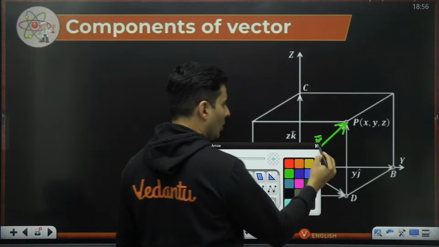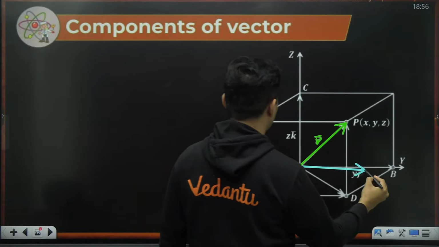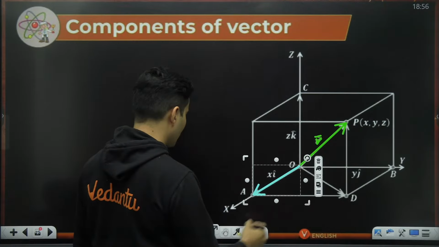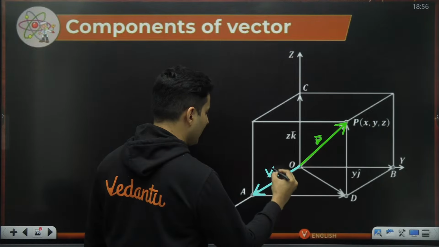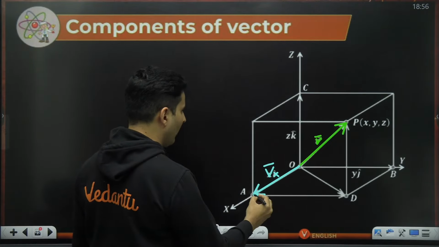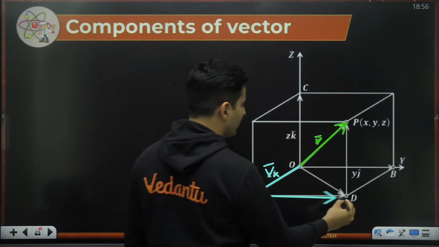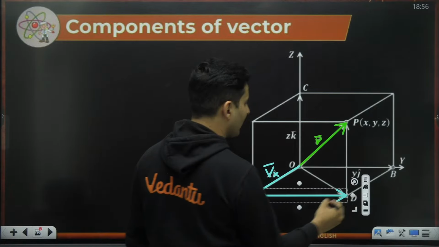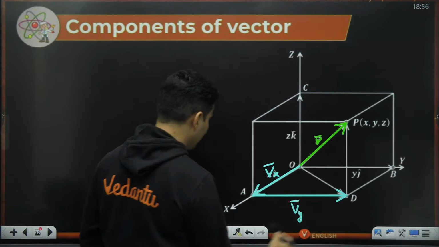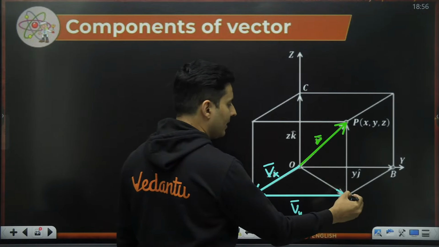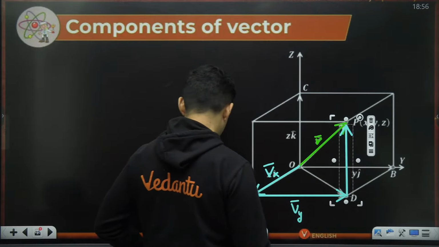How, sir? Observe. One is along the x-axis. So let's say over here. So this is basically your x component. Let's say Vx bar. Then let's go to y component. Where is y? Y is over here, along that side. So this is your, let's say, y component. And sir, finally z. So along the z axis. So let's say over like this.